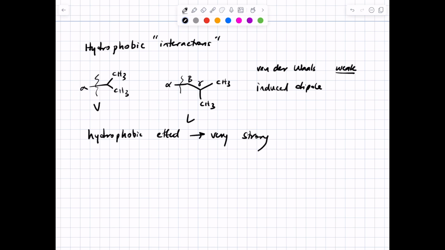Okay, so water molecules and what? Okay, that's a good way of thinking about it.